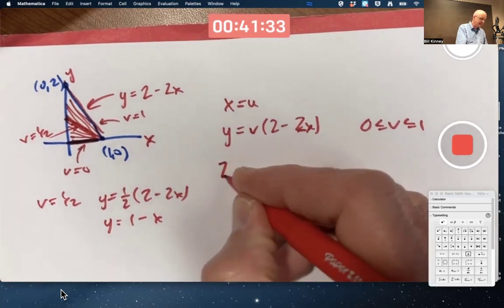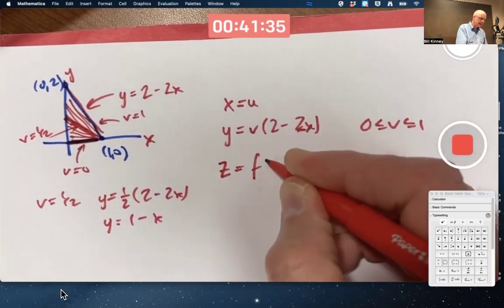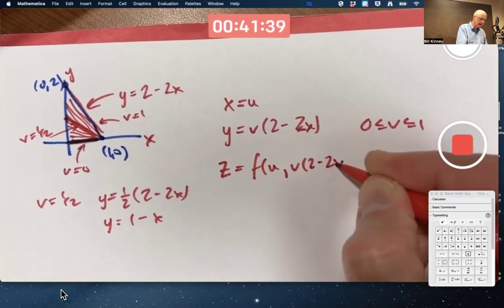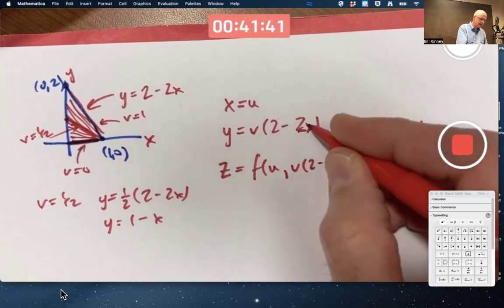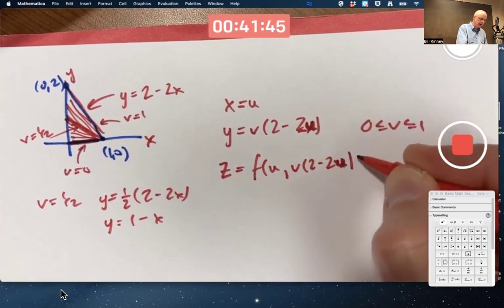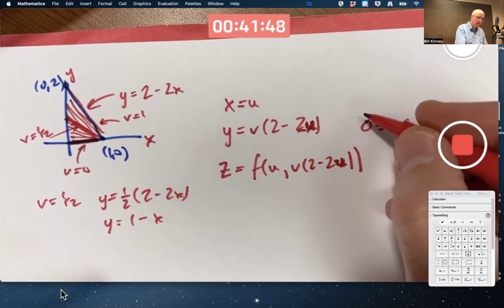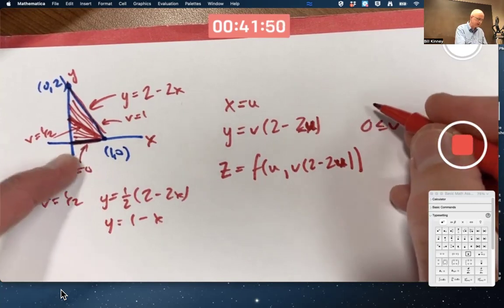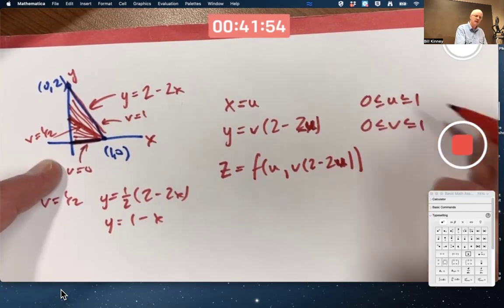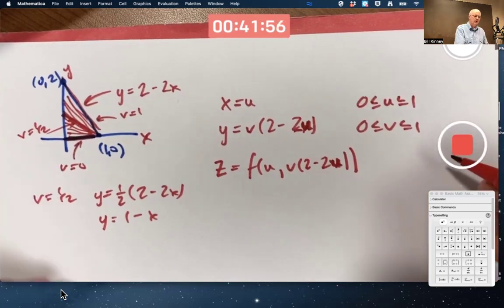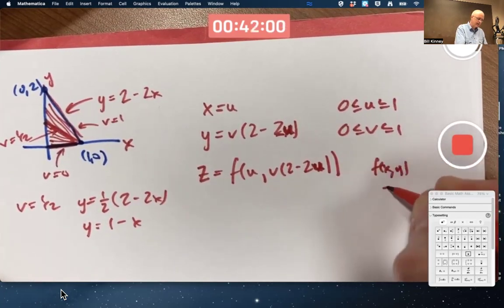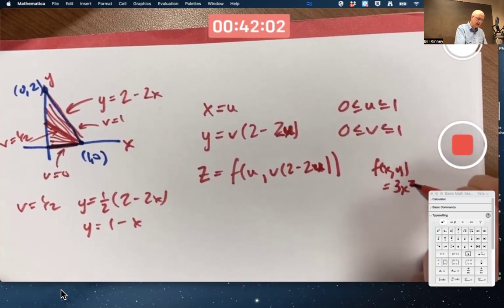Then you figure out z by plugging those things into f in place of x and y. Oh, this x should be a u, sorry. u goes between 0 and 1 as well, but only because of the picture you see that x goes up to 1. Again, the formula for f is 3x squared y.